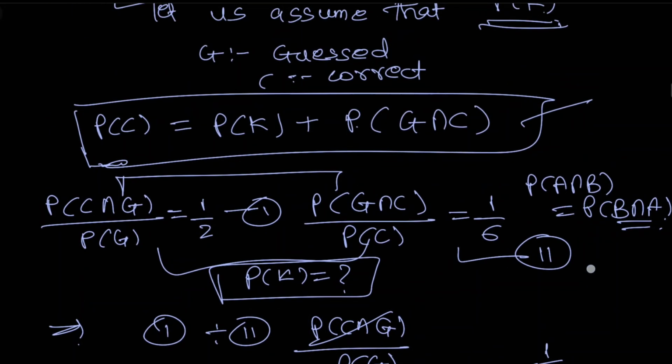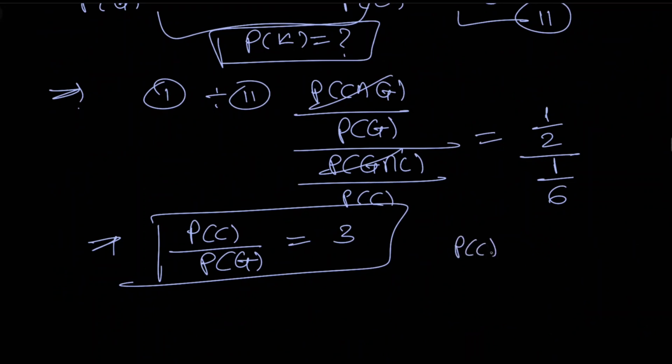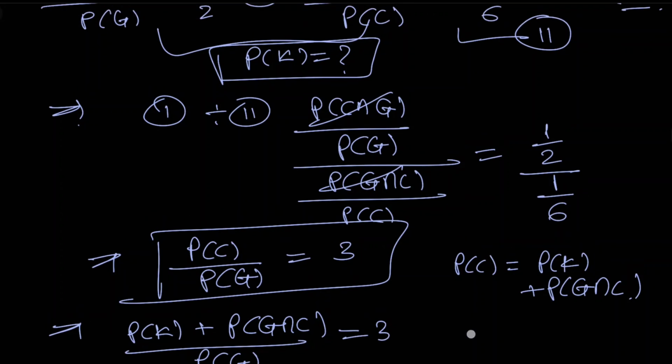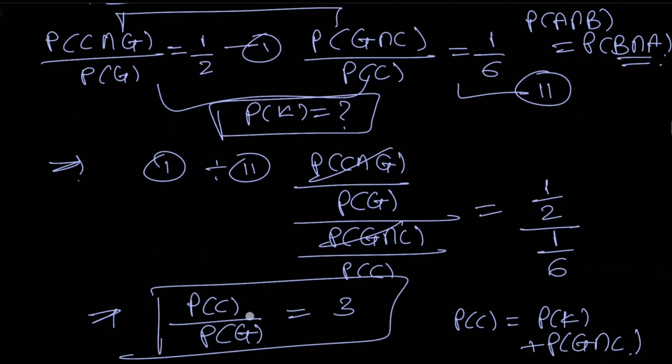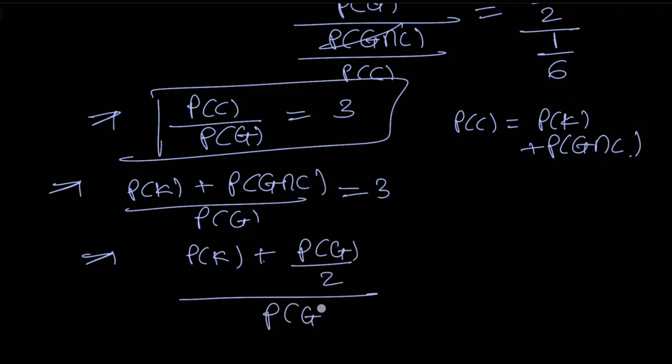Now we are having PC equals PK plus PG intersection C. So PK plus PG intersection C upon PG equals 3. Using equation first, we are having PC intersection G equals PG by 2, which we can write PK plus PG by 2 upon PG equals 3.